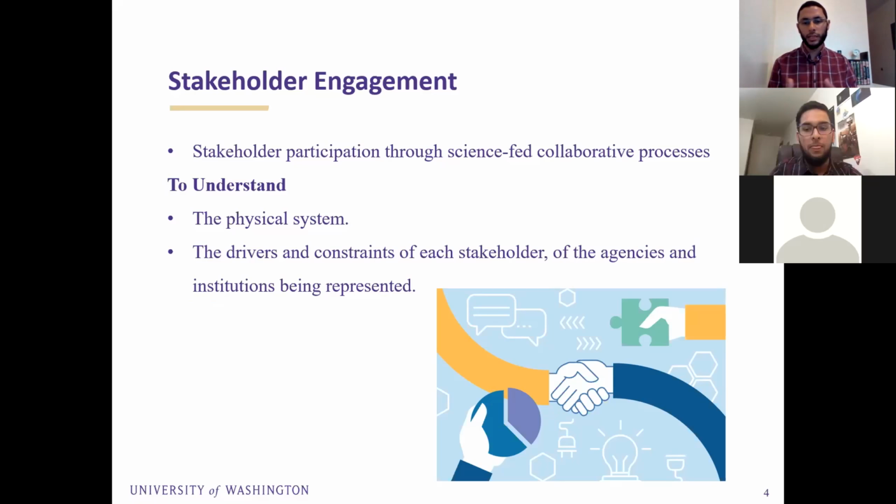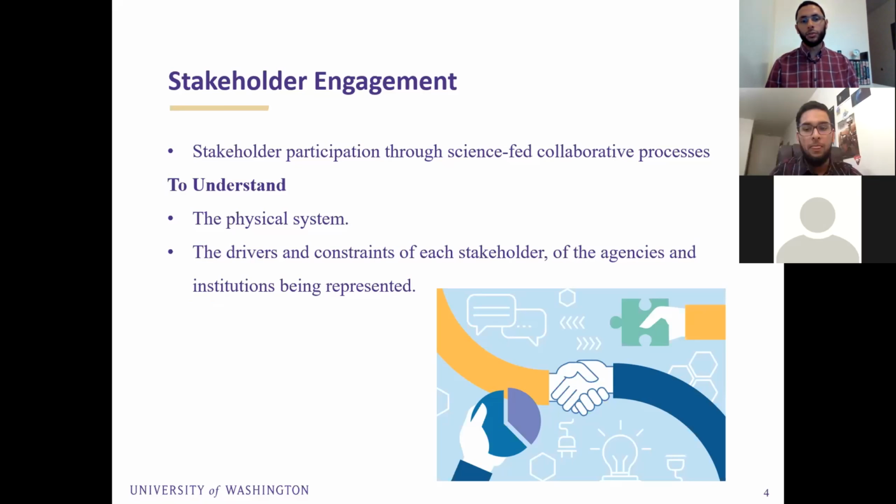We understand what is going on as researchers or scientists. But it's also very important for the stakeholders to understand the system, so they can tell us what they need, based on how the system behaves, and what needs they want included in this decision support system.